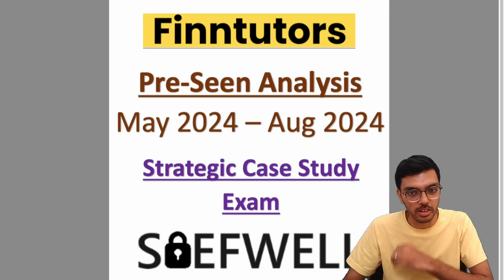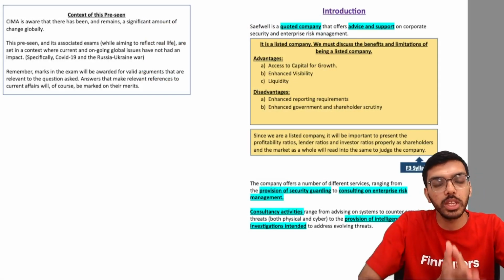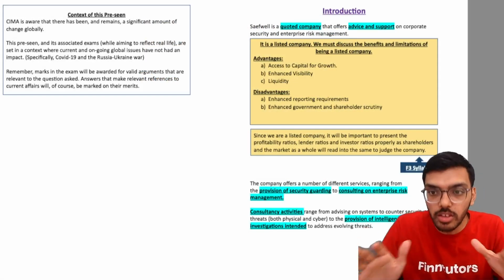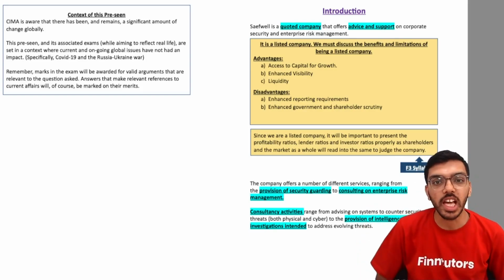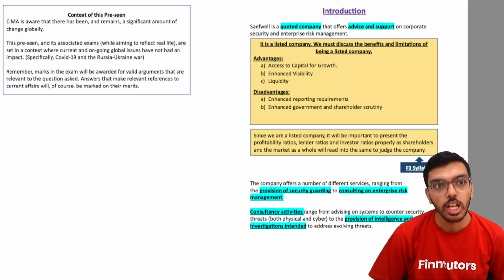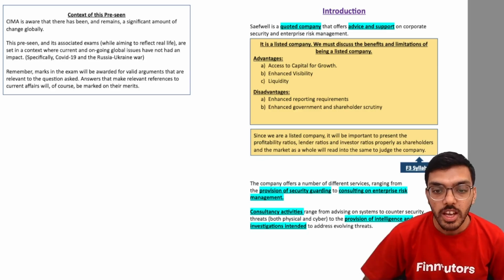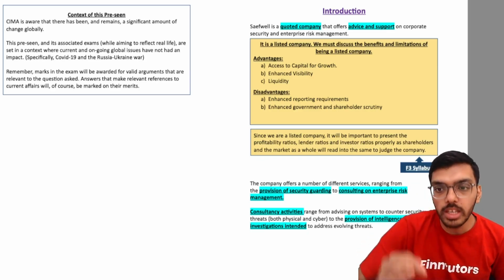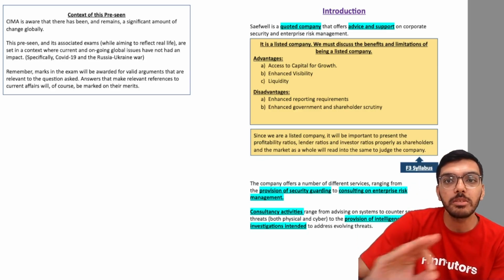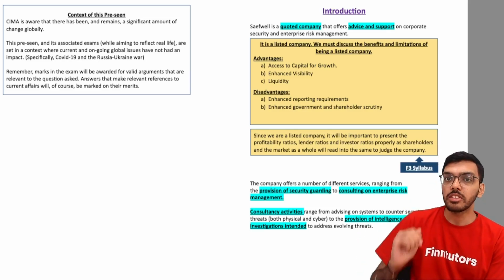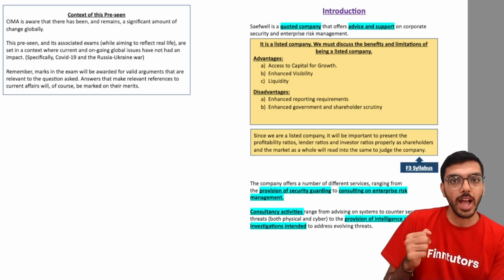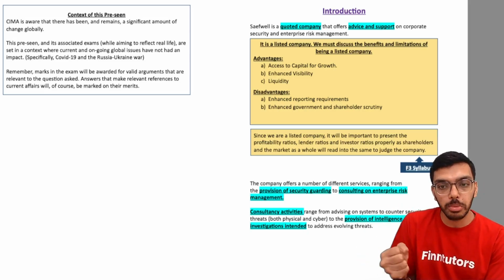So let us begin. Before I start with the introduction, let me get this very clear of how this pre-seen analysis is going to work. The first thing that I want you to understand is that my pre-seen analysis is based wholly on the pre-seen that is released by CIMA. There is nothing that we have actually changed from the actual pre-seen.